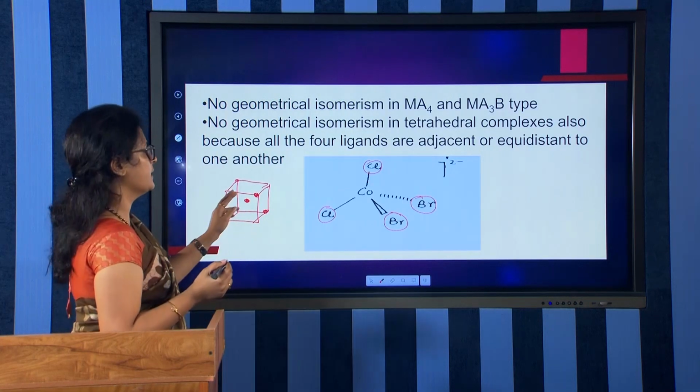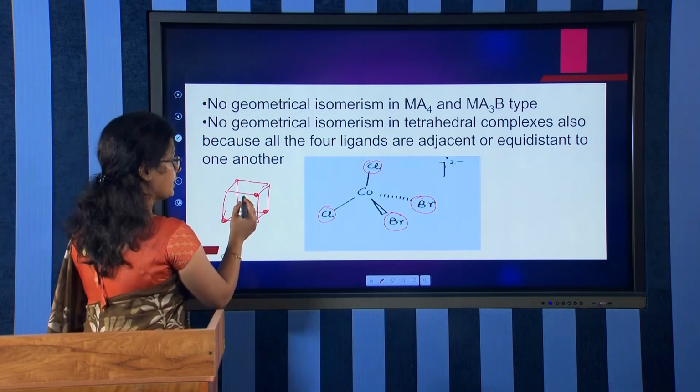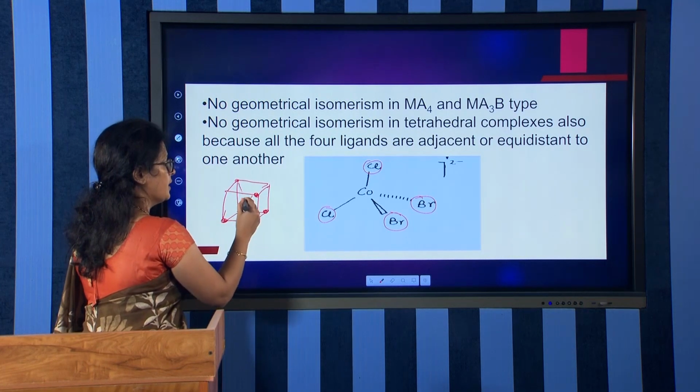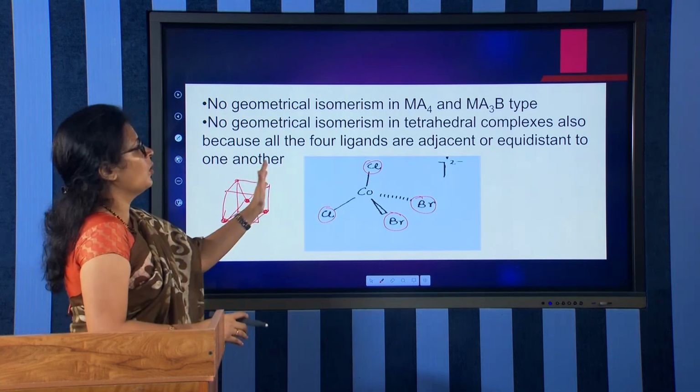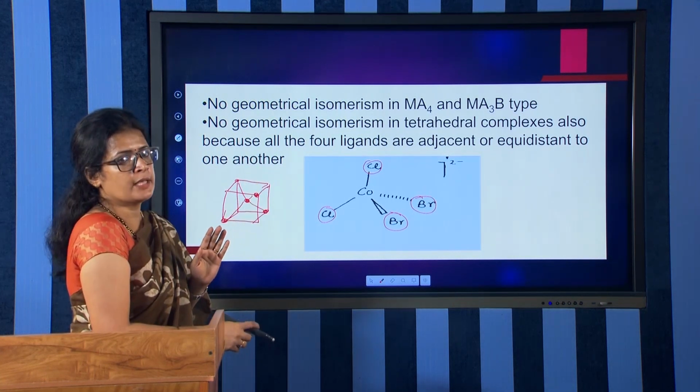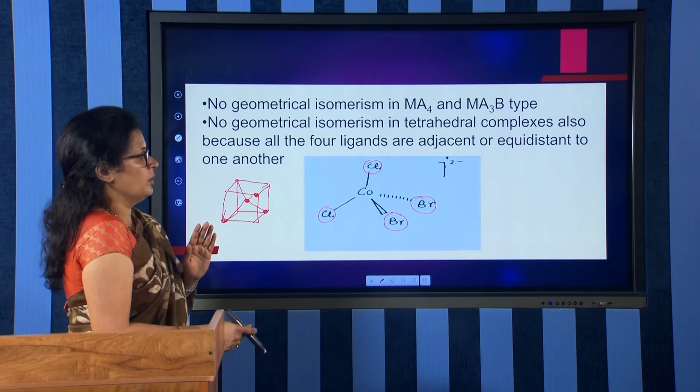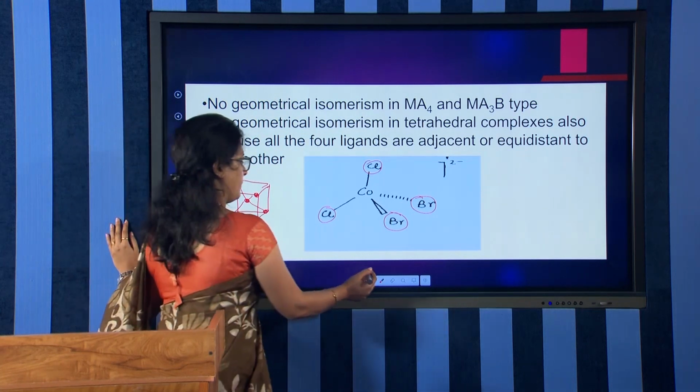How can we say this is a cis or trans form with respect to the central metal atom? We can't say this is cis and this is trans. So, in tetrahedral complexes no such geometrical isomerism is possible.